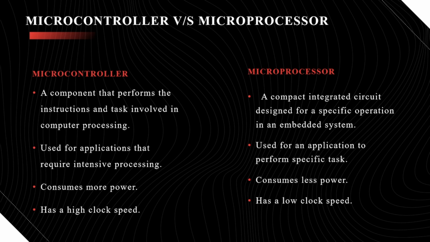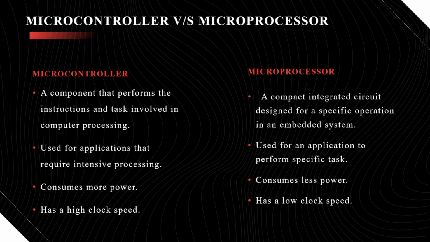Let's know the difference between microcontroller and microprocessor. Microcontroller is a component that performs the instructions and tasks involved in computer processing, while microprocessor is a compact integrated circuit designed for a specific operation in an embedded system.